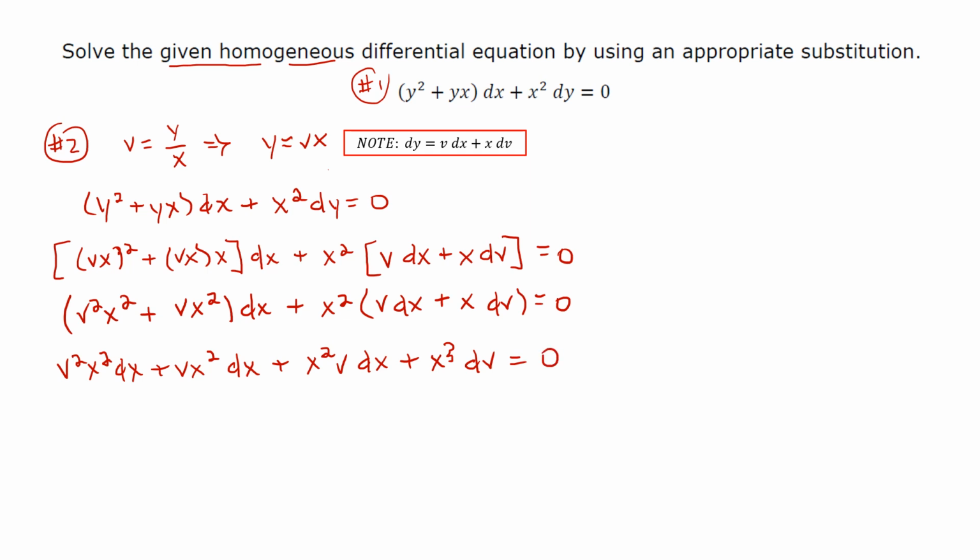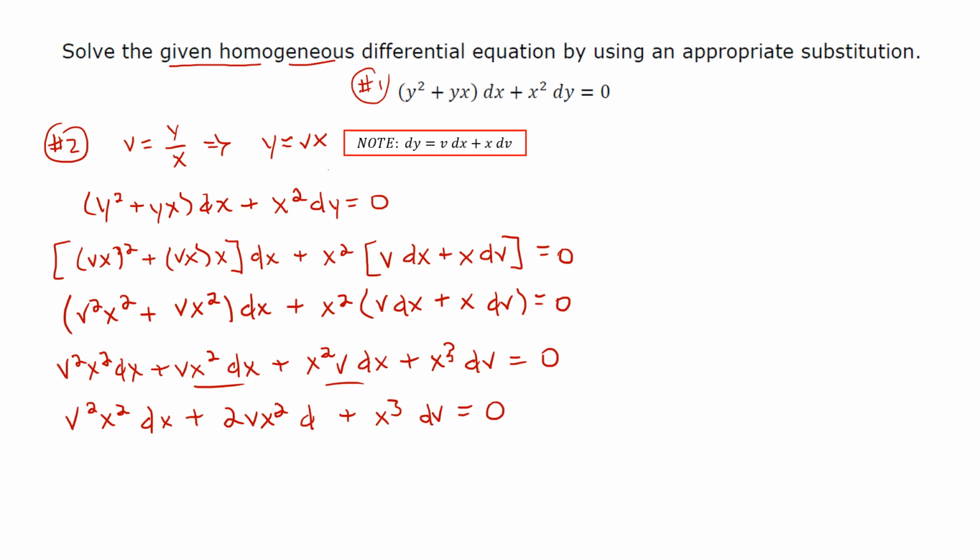Okay? And so now we can combine like terms. So we have two terms here that are the same. So v squared x squared dx plus 2v x squared dx plus x cubed dv equals 0.